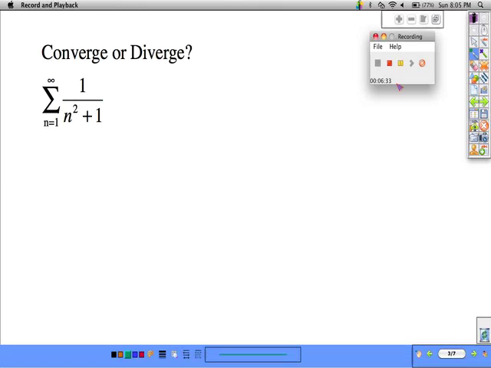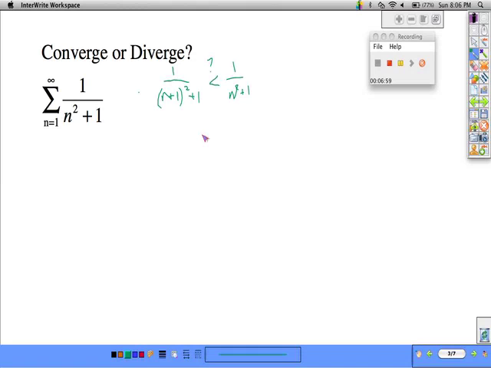Here's a second example. If we check this, this is continuous again. It's also positive. The big question is the n plus 1 term. Is that always going to be less than the n term?